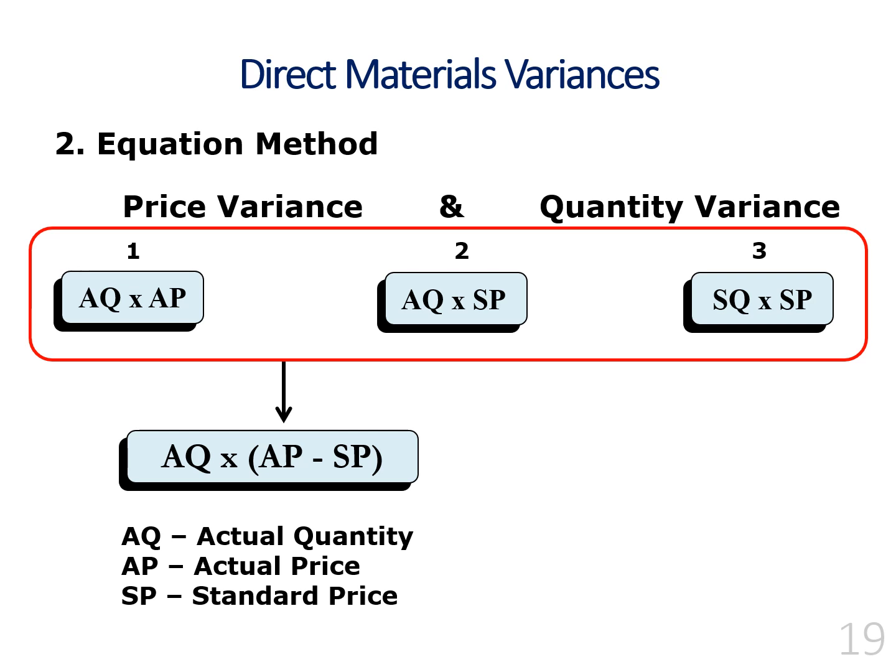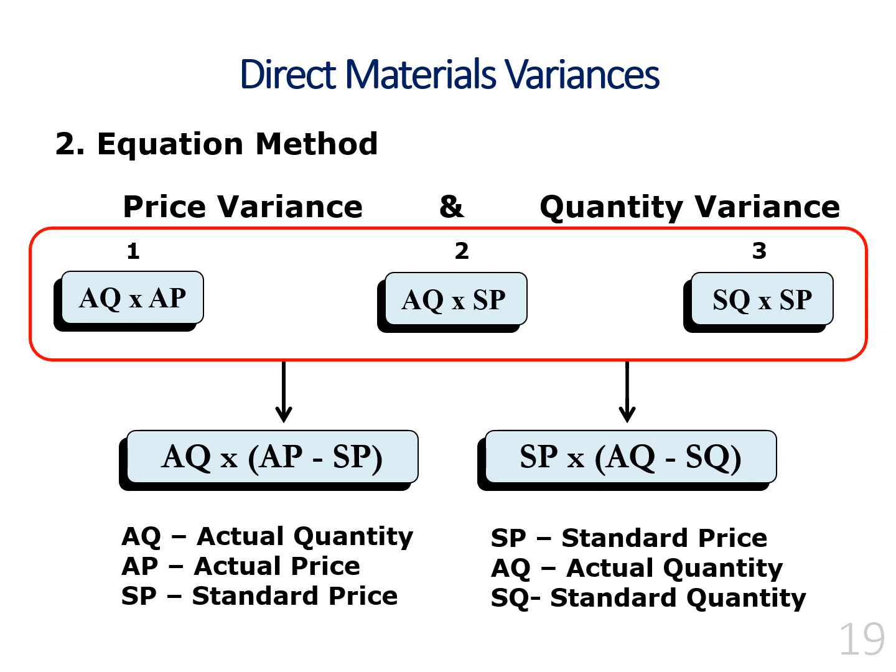And for quantity variance, we compare group 2 and the third group. The formula is SP multiplied by (AQ minus SQ). SP is for standard price, AQ is the actual quantity, and SQ is standard quantity.